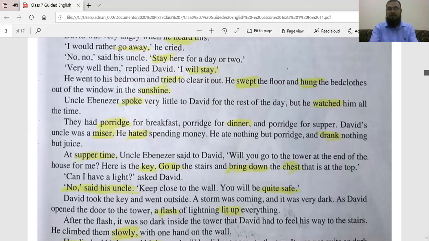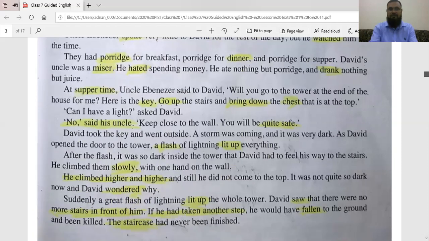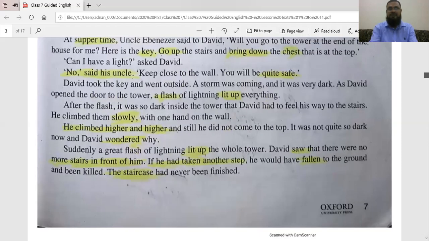It seems to be part of a horrible story, a spy story. After the flash, it was so dark inside the tower that David had to feel his way to the stairs. He climbed them slowly with one hand on the wall.